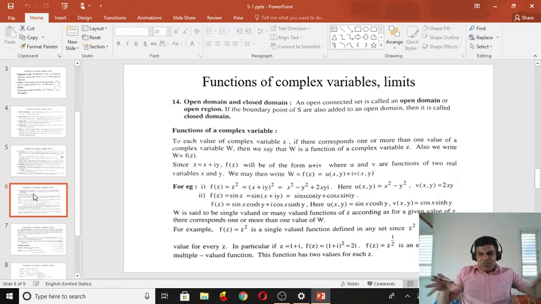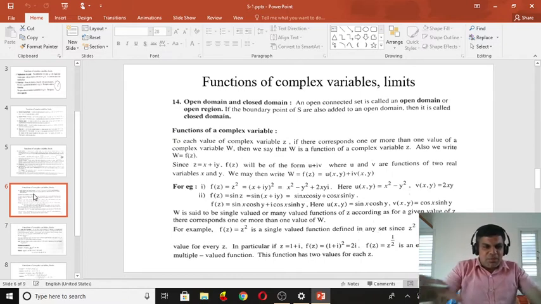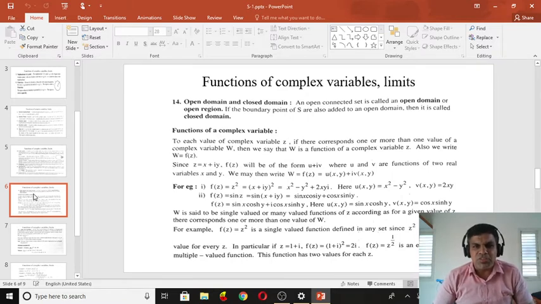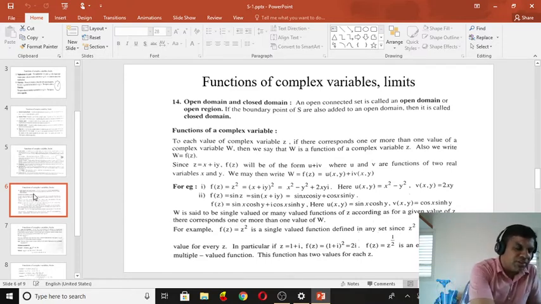Within that, we are saying within the circle model that we have defined in complex. Come to the functions of a complex variable. To each value of a complex variable z, if there correspond one or more values of the complex variable w, then we say that w is a function of the complex variable z. Also we write w is equal to f of z.